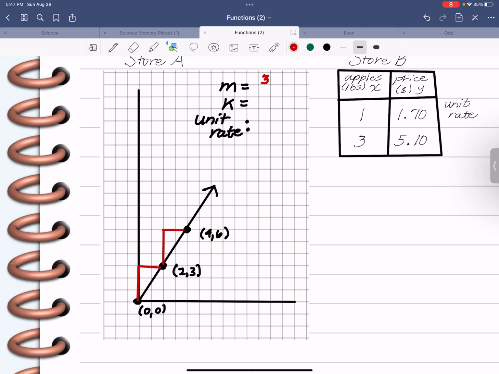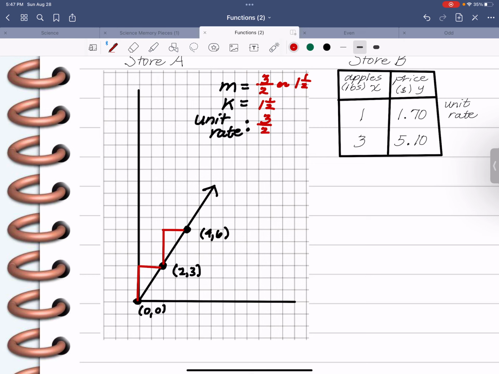So slope is 3 over 2, or 1.5. The constant of proportionality is 1.5. And the unit rate is 3 over 2.